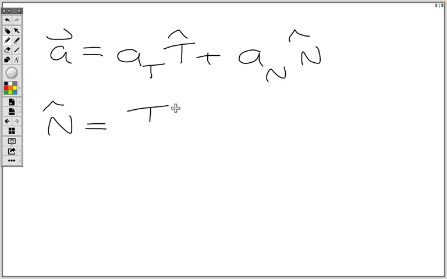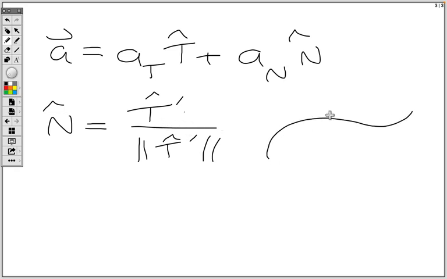We defined n hat as the derivative of t hat divided by the magnitude of t hat prime. And so once again, t hat is the direction you're going, t hat prime is the direction you're turning.